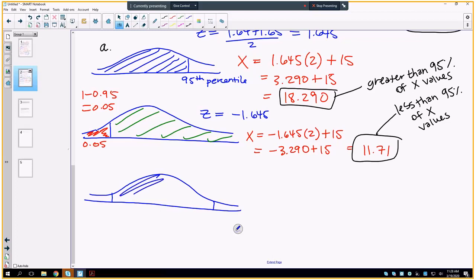So I want this central portion to be 90%. That means whatever's left over, so 10%, I need to split it up between the left side and the right side. So I divide by 2, I get 0.05. And I already know from part B the x value that corresponds to this 0.05.